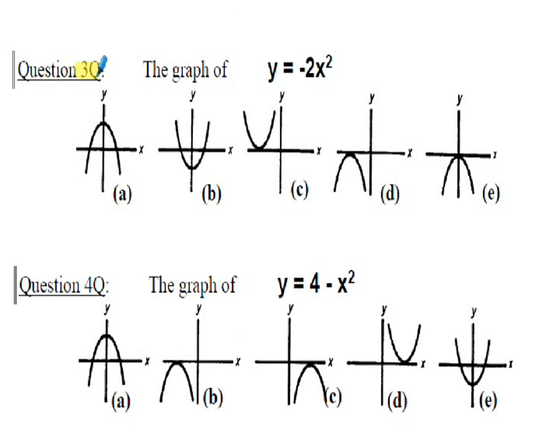Quadratic curve sketching continued. Question 3Q, you're given the equation y is equal to minus 2x squared. You've got to decide which of the solutions A to E is the correct sketch. Question 4Q, you're given y is equal to 4 minus x squared. Again, you've got to choose which of the solutions is the correct sketch.